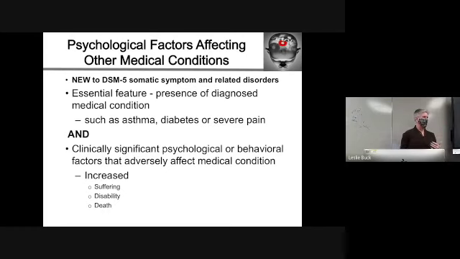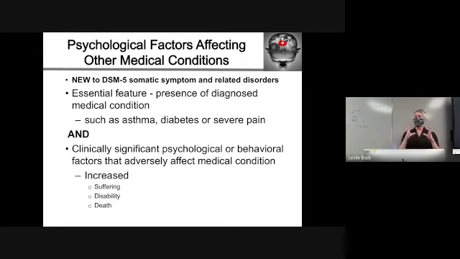So if I have asthma and I have anxiety, the anxiety can actually make the asthma worse, right? If I have diabetes, poor stress management can make the diabetes worse.